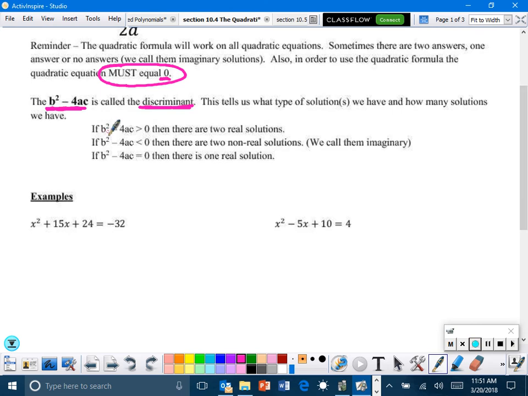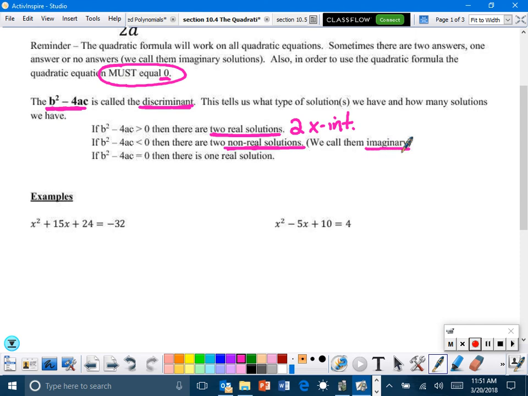If you take the b squared minus 4ac and the number is bigger than 0, that tells us there are 2 real solutions. In other words, there are 2 x-intercepts. If the b squared minus 4ac is less than 0, in other words, it's negative, then there are 2 non-real solutions.